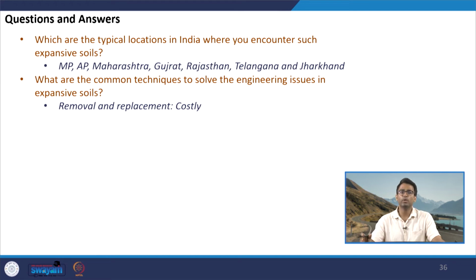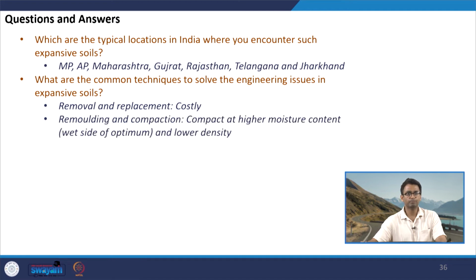Let us say you are doing a construction at a particular site and good soil has to be transported from a very long distance, and if you talk about pavement construction, let us say you have to construct a very long road of several 100 kilometers, then you can imagine that this process can be very costly, and usually engineers will not prefer this process considering that the cost of the construction will be very high.